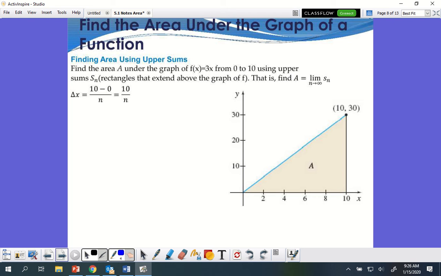Yes. The area would be 1/2 times 10, which is my base, times my height, which is 30, which gives me an area of 150 units squared. That's the exact area. But we're using calculus, and since this is a straight line, it's really not bad trying to get this.